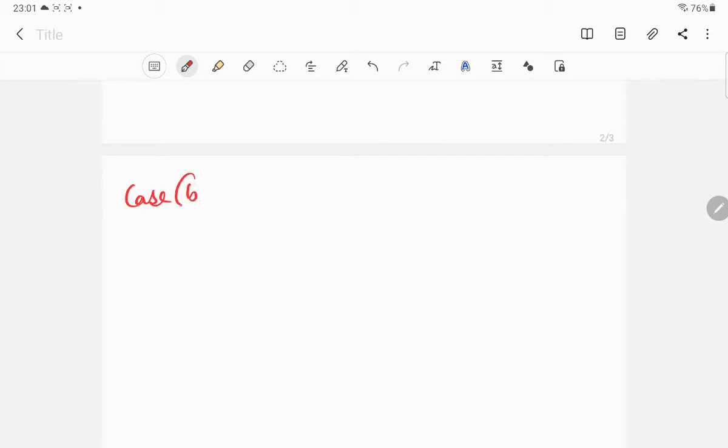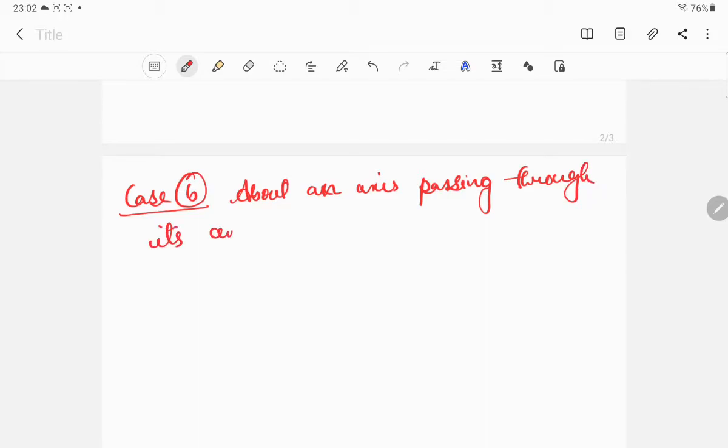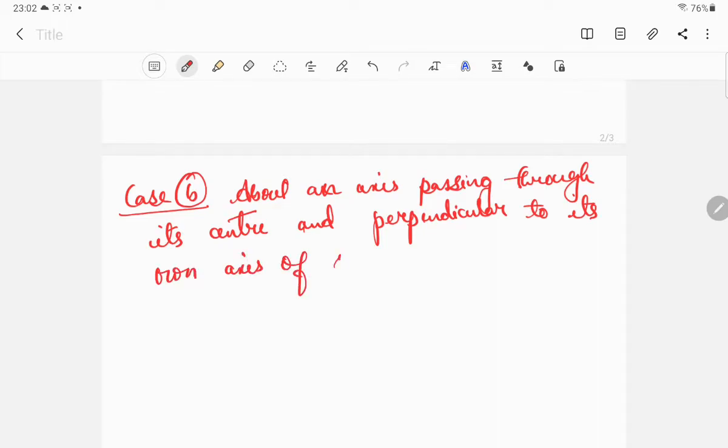So here case B is to find out the moment of inertia about an axis passing through its center and perpendicular to its own axis of symmetry.